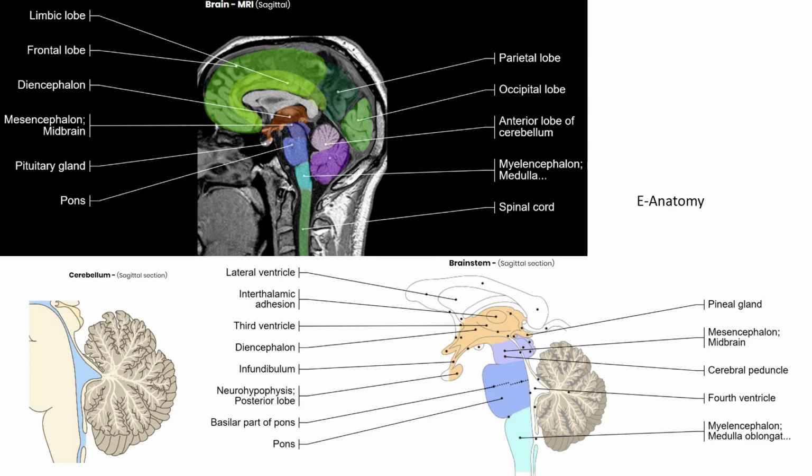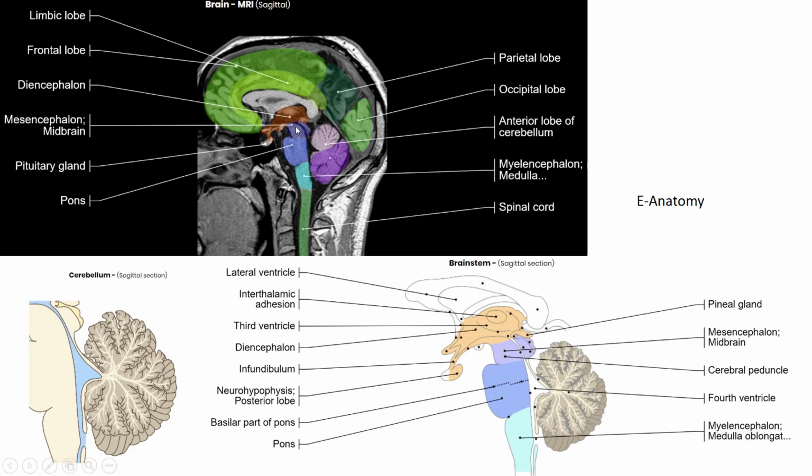There are three other images within e-anatomy that help us to correlate the areas that we're talking about. Up in this upper left-hand corner, the colored image has our diencephalon, which we've already studied, with the pituitary gland and the infundibulum and the third ventricle and the intrathalamic adhesion.